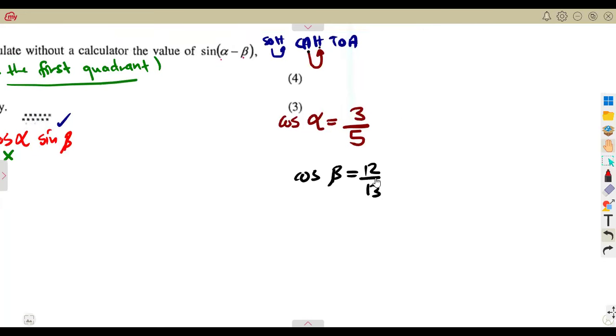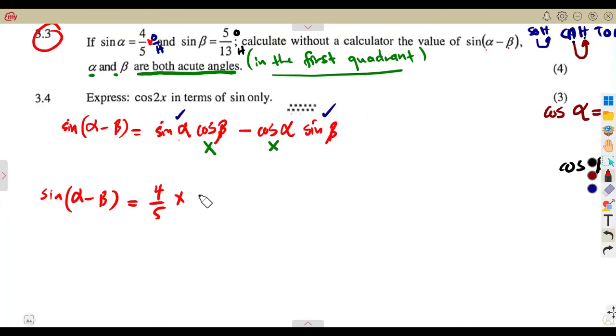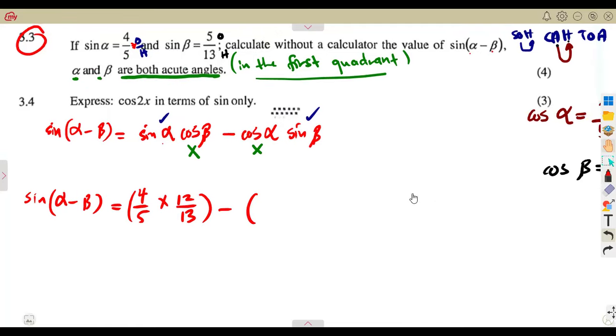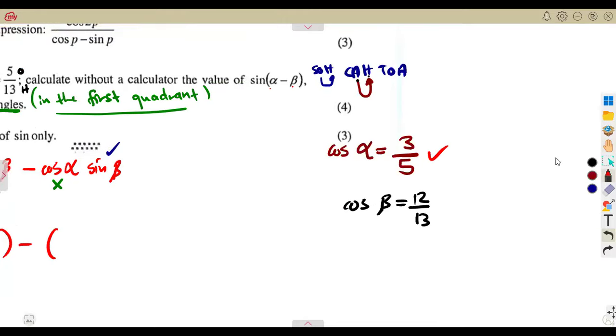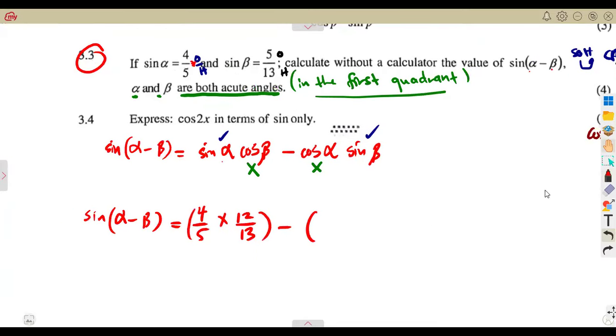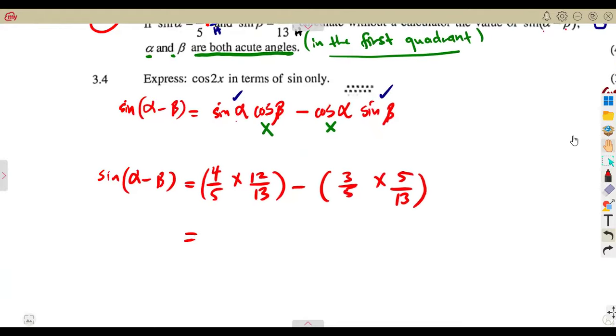We calculated 12/18. So that's 12/18 minus the cos of alpha. We calculated this one, 3/5. So you're going to take the cos of alpha, 3/5, times the sine of beta already given, which is 5/18. So that was what you're supposed to have.